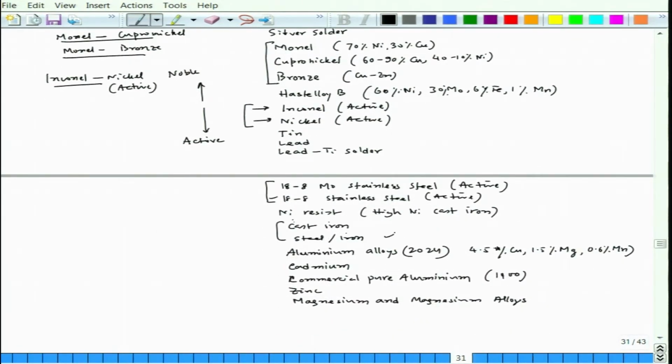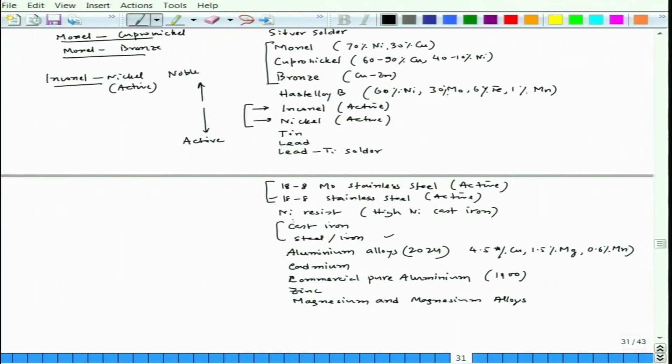So, that means the galvanic effect would be so high, and platinum would act as cathode and steel will act as anode. And another part is when they are wide apart, the voltage difference between these two electrodes will be so high that a lot of current will be drawn from the cathode part.